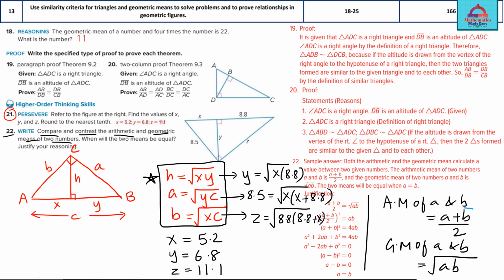So put this equation a plus b by 2, that's the arithmetic mean, equal to the geometric mean, square root of ab, and simplify. And when you simplify by applying basic algebra, expanding a plus b whole square, taking the terms to one side, you will get the step that a is equal to b. So these two means will be equal when the two numbers are also equal. That's how you justify your answer.